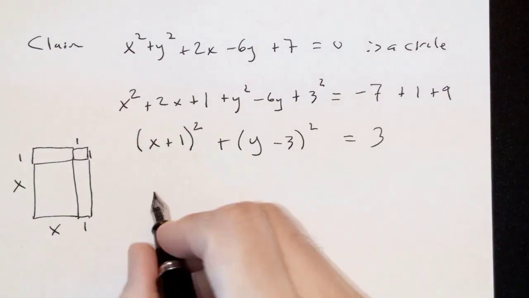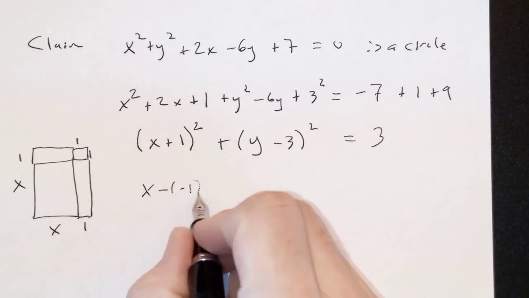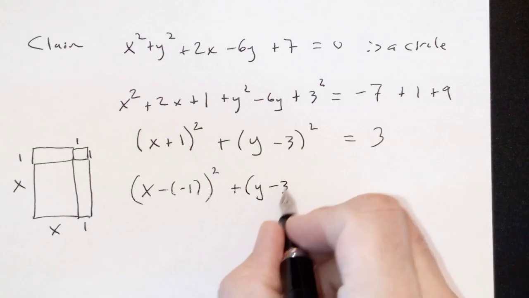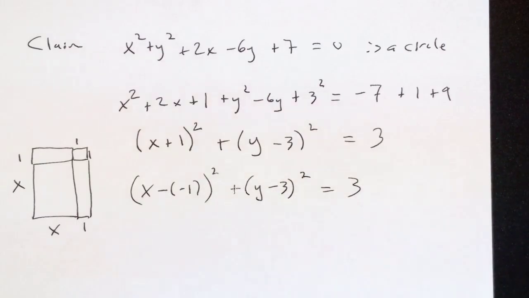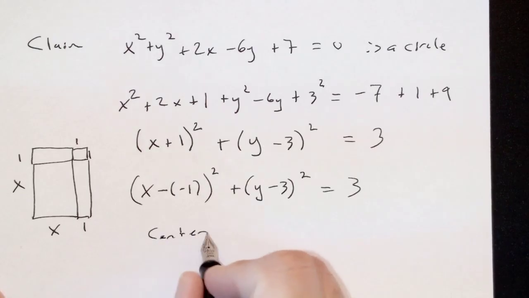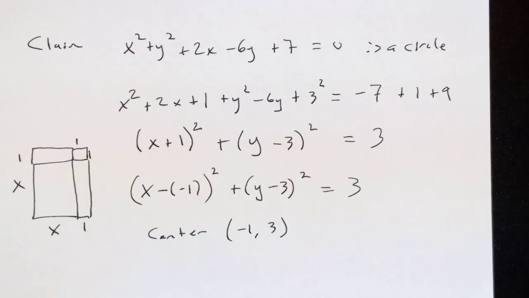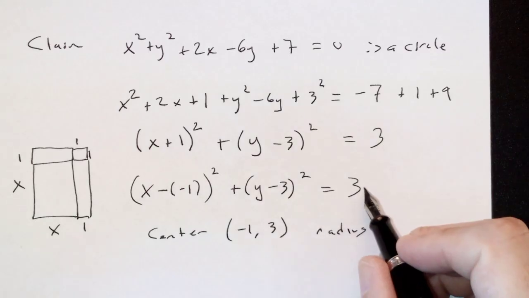I can write it as x minus negative 1. So now I know the center. The center of this circle is negative 1, 3. That's the h and the k. And the radius? This is r squared.